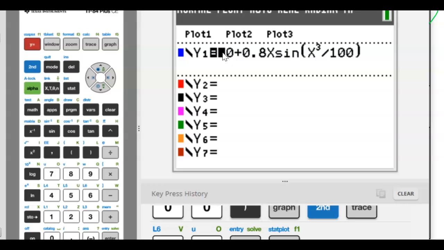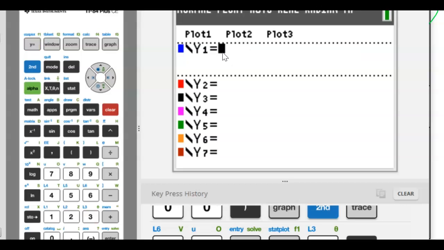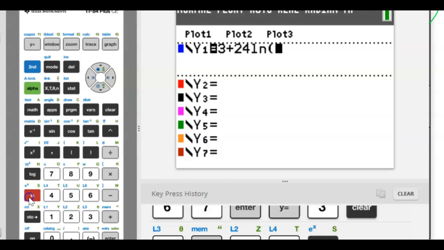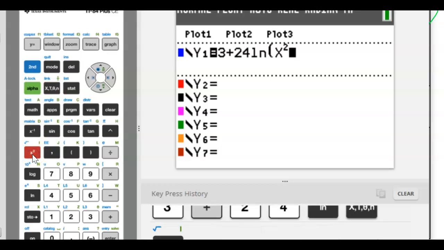So I'm going to put in G first. So 3, oh, it's going to type over it. All right, I'll just retype it in. So we're going to type in 3 plus 2.4 natural log x squared plus 2x, fancy.